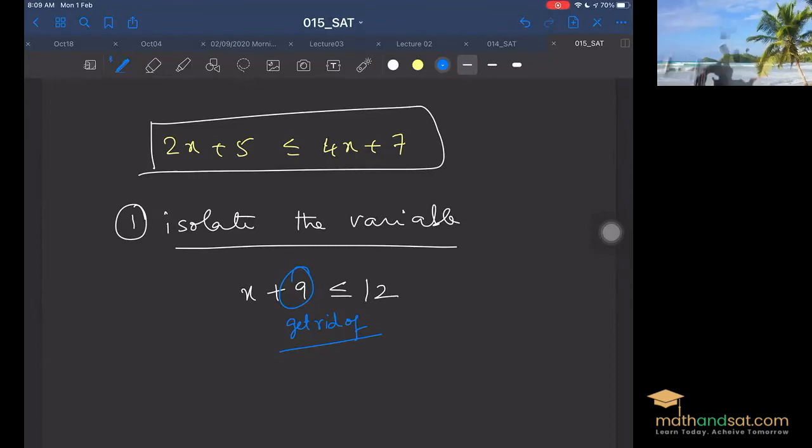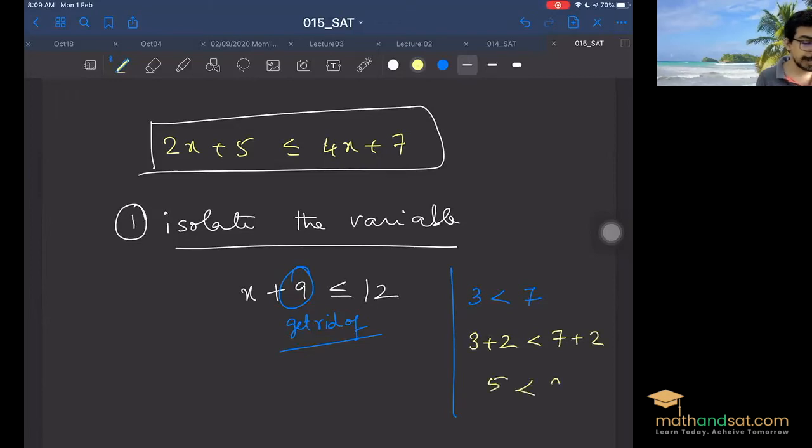Say, for example, 3 is less than 7. If I add 2 on both sides of the inequality, this becomes 5 is less than 9. The inequality is still true. Nothing happened to the inequality.